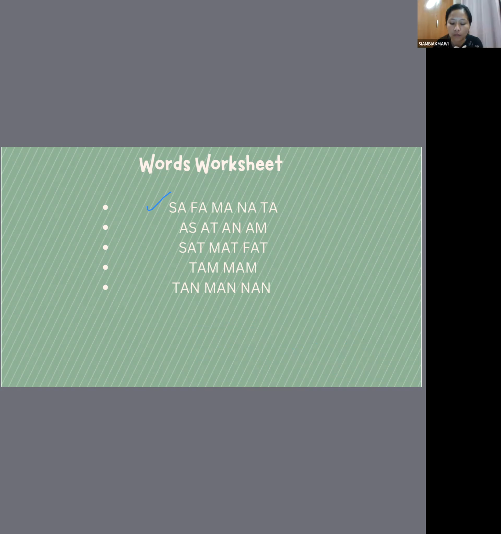Similarly, if you do this, I will just move the pointer now because you know how to do it. So just say the sound. Yeah, correct. Now I'll just remove this. I'll just add the next one.